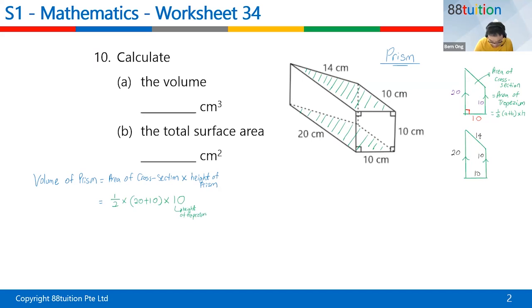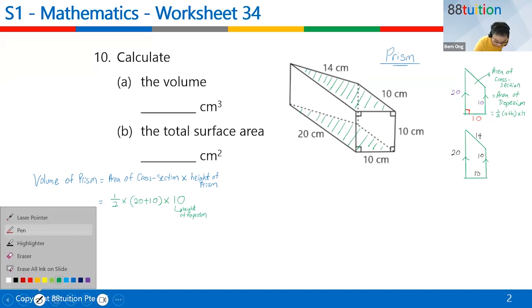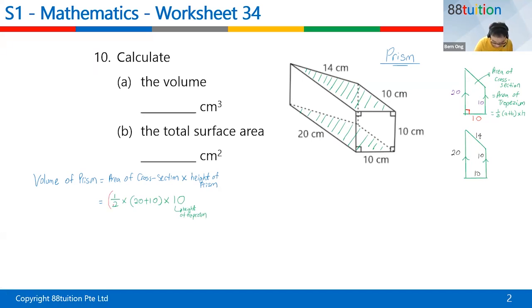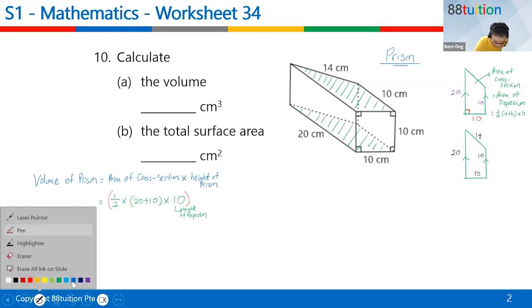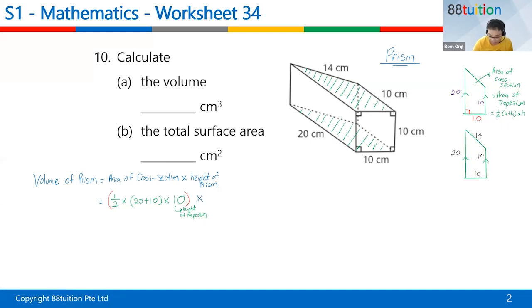There are two different heights here. So the area of cross-section is the area of trapezium, which is half times the sum of parallel lines times the height of the trapezium, times the height of the prism. The height of the prism is down here, can you see? It's like how deep is it, how tall is it.